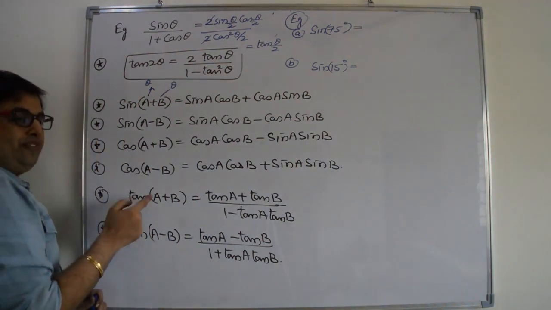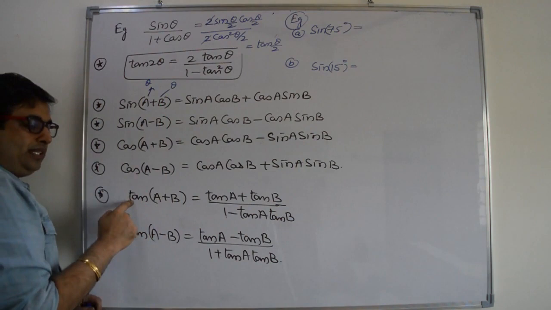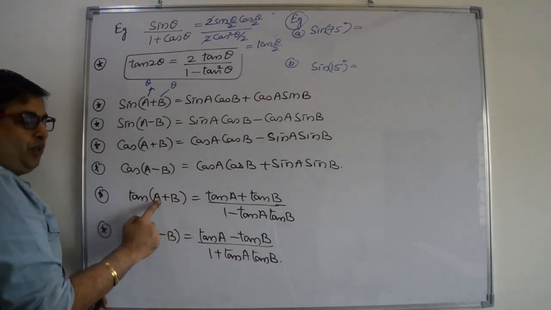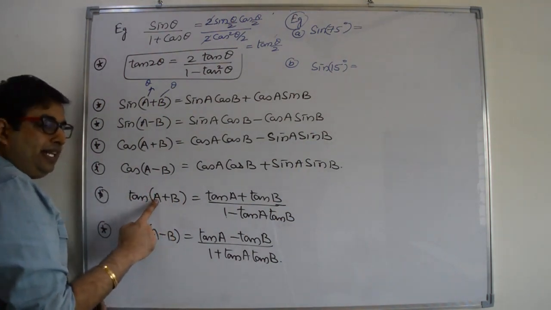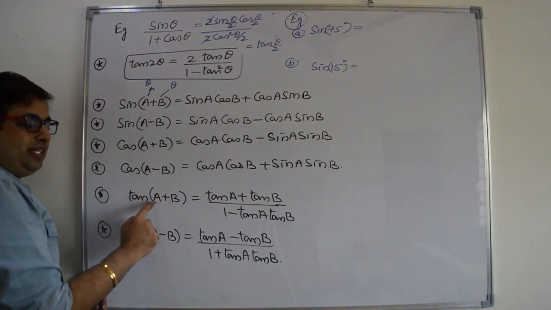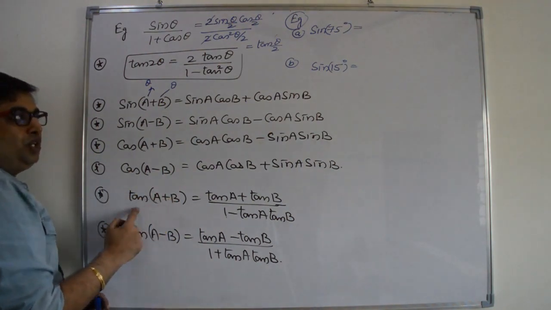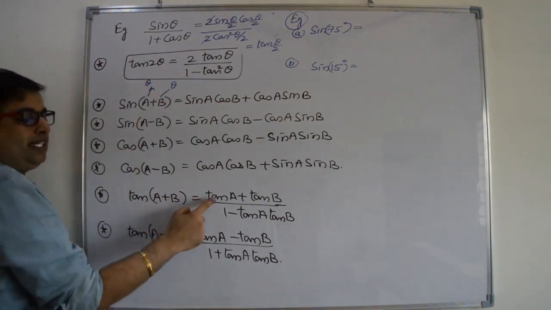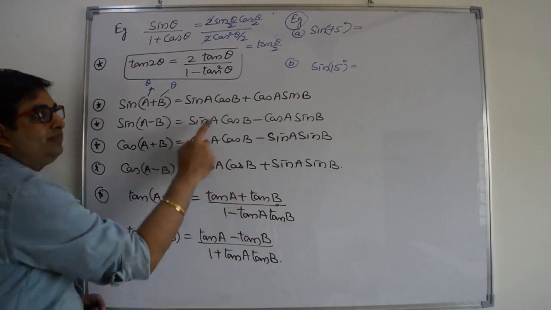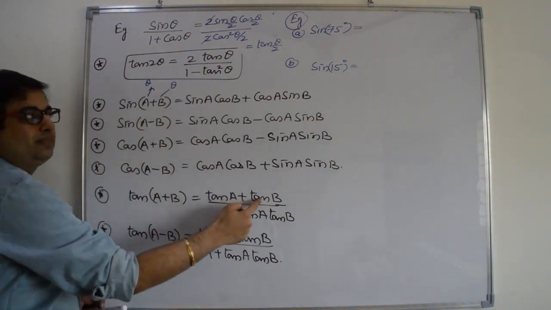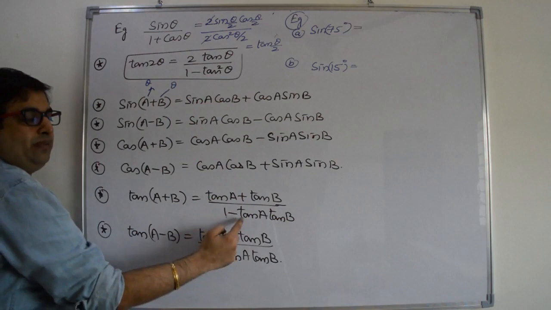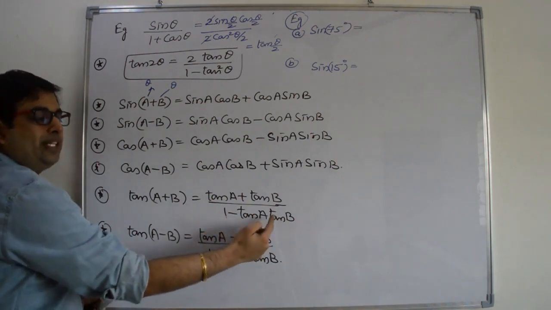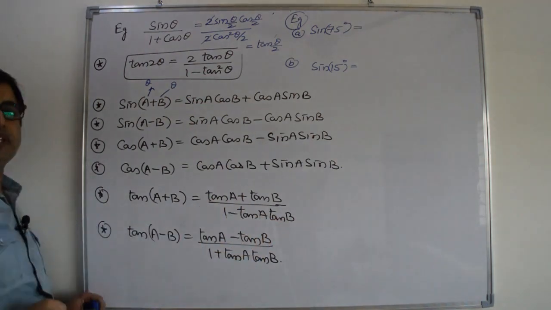Similarly, for tan 2 theta, tan theta plus tan theta becomes 2 tan theta, divided by 1 minus tan square theta, because A and B are both equal to theta.